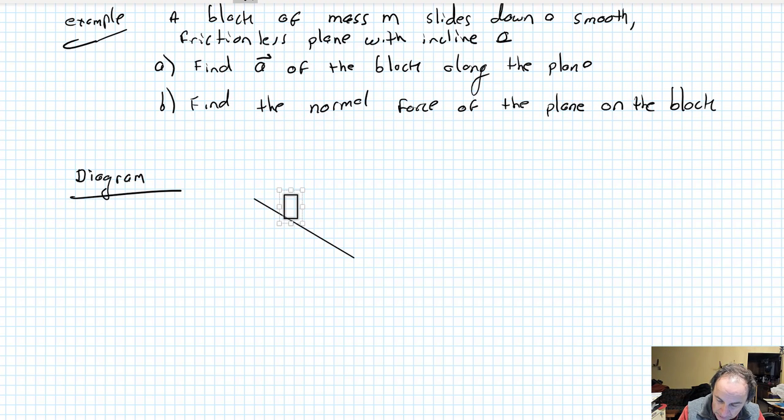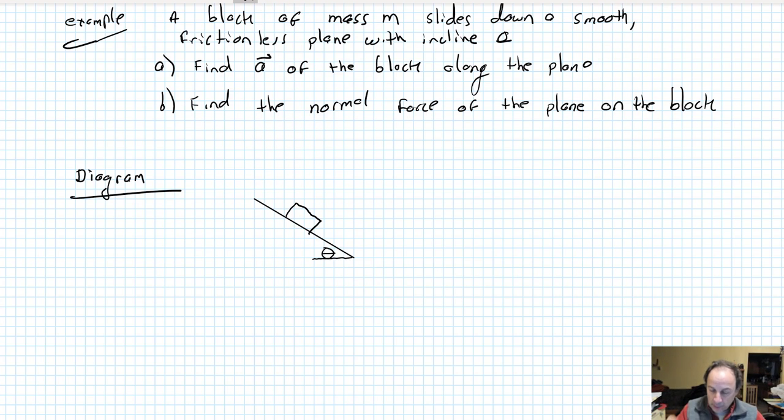I'm just going to freehand that. We have a block here, and the block has a couple forces acting on it. First of all, let's make this clear that this is our theta right here.